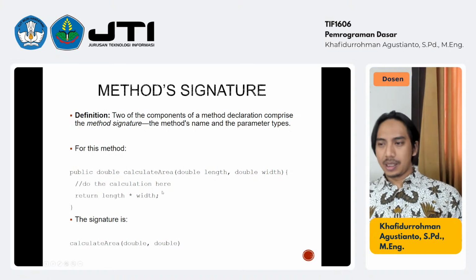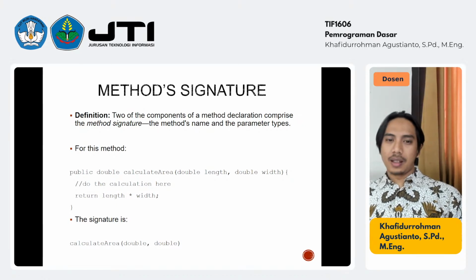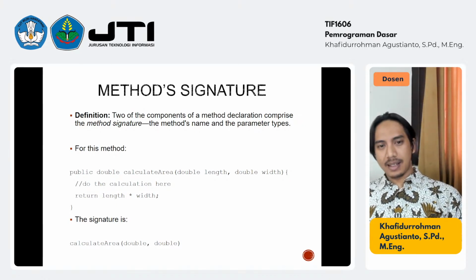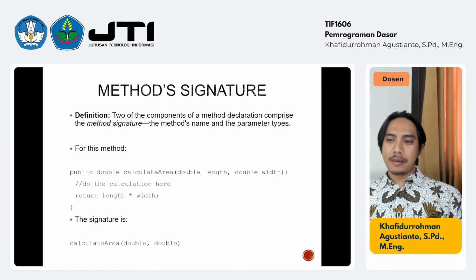So if you call calculateArea(2, 3), the return value is 6, but you should use System.out.println to show the result.